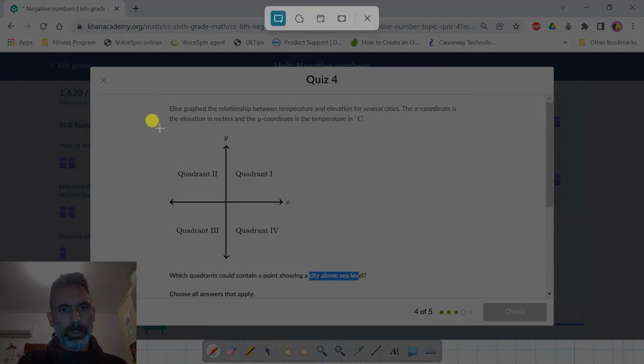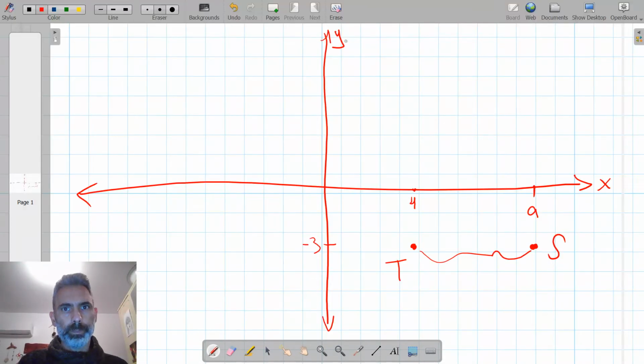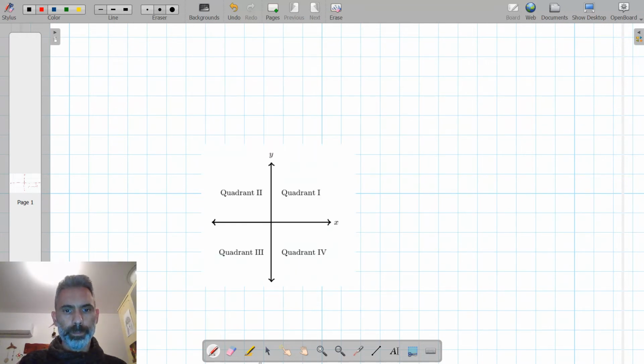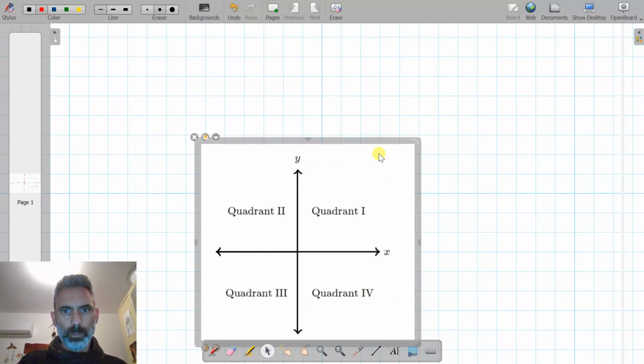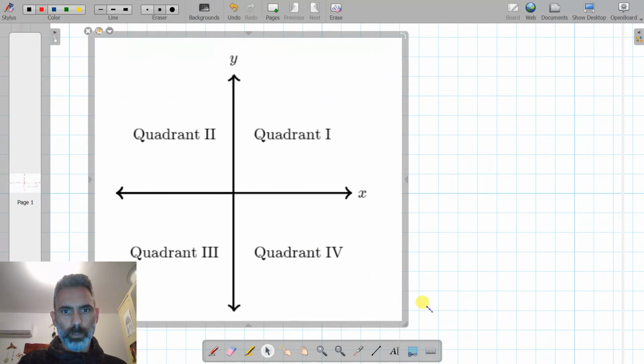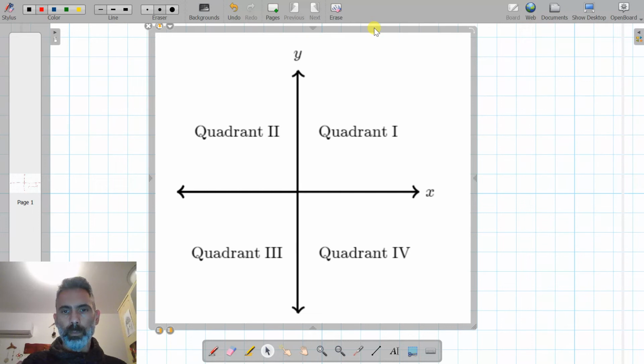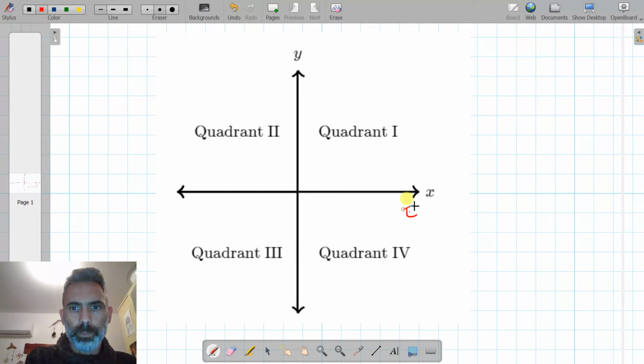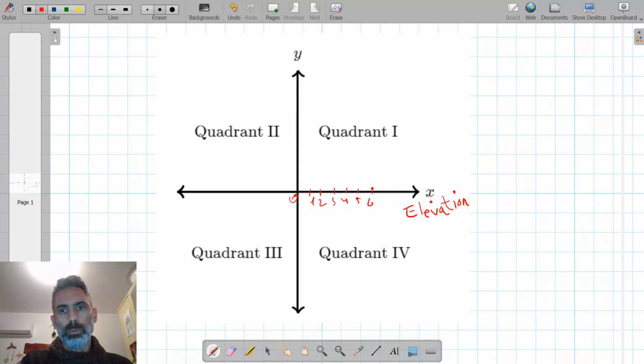Let's copy this to the board. Okay, if x is elevation, so positive numbers go up 1, 2, 3, 4, 5, 6 from the 0 to the right.